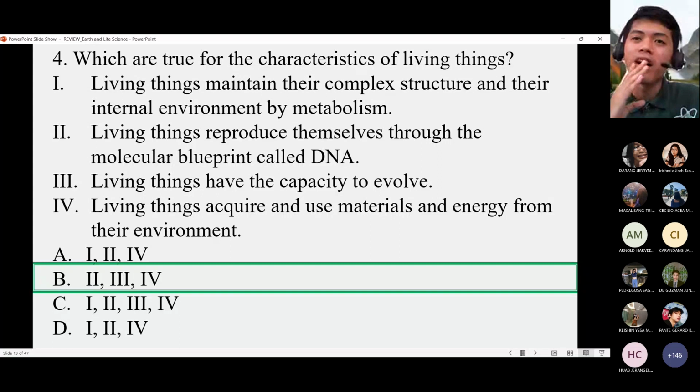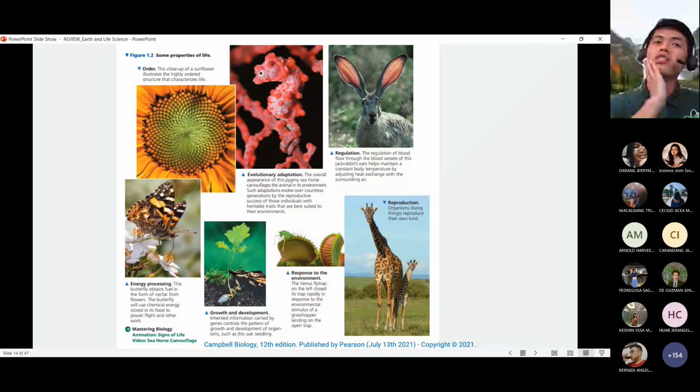Again, if you still remember during your evolution topic, individuals do not evolve, only populations evolve. Now, living things acquire and use materials and energy from their environment. That's correct. Some examples are heterotrophs and autotrophs. Now, here are some of the properties of life.